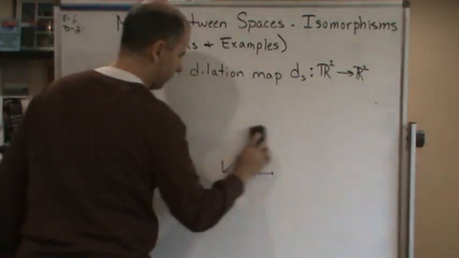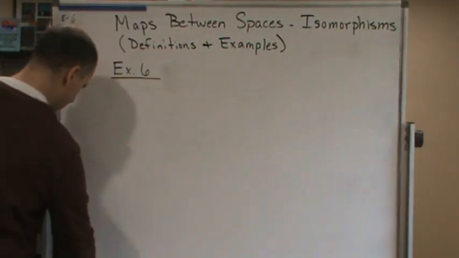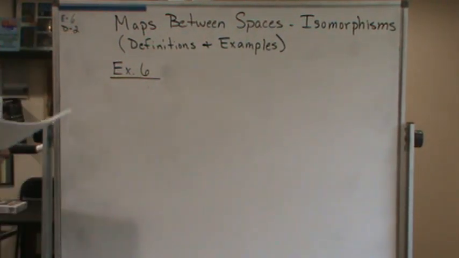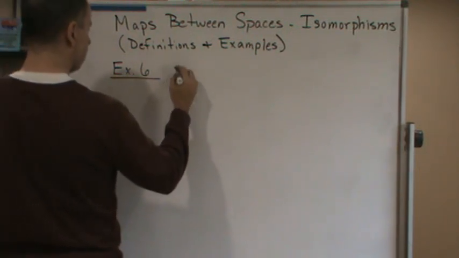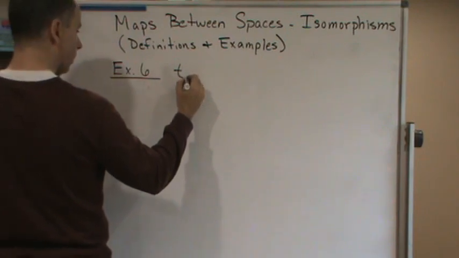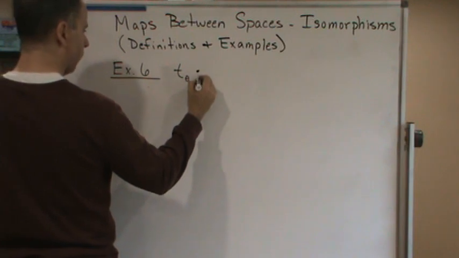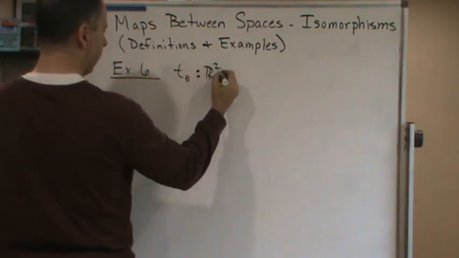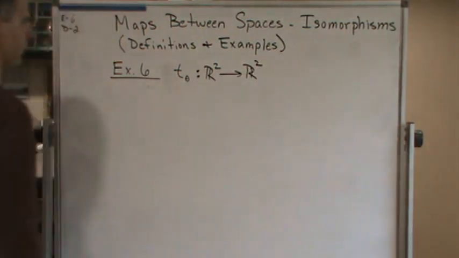is a turning automorphism. So how would we describe a turning? Well, or a rotation. This would be T sub theta, not tau, T sub theta. And again, we're going from R2 to R2.